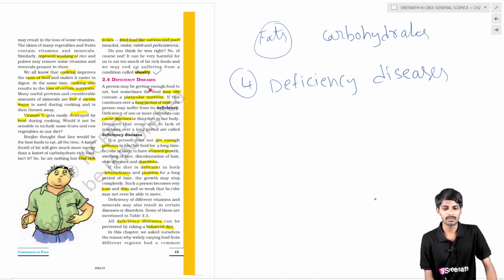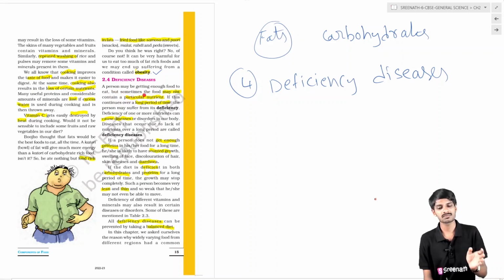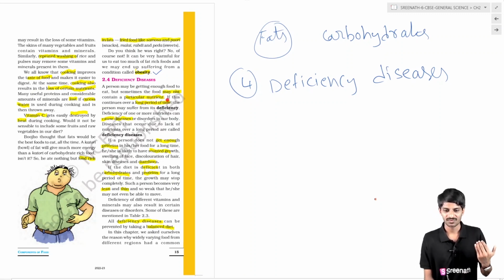Okay, a person may be getting enough food to eat, but sometimes that food may not contain a particular nutrient. He is eating enough food, but that food does not contain a particular nutrient. Then what happens if this continues for a longer period of time?